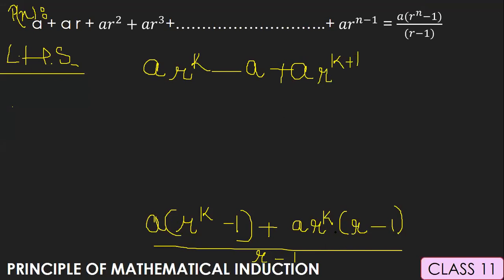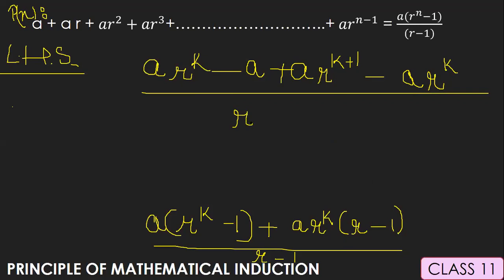Bases are same, so powers are added. So that means A R raised to power k plus 1. Here you have k power and here 1, so k plus 1. Minus ARk divided by R minus 1. So ARk here minus ARk will cancel out.